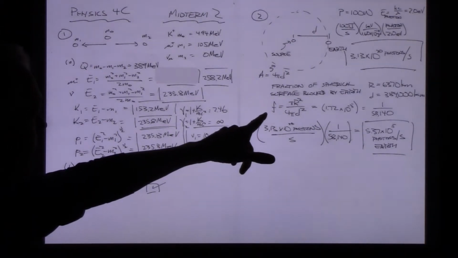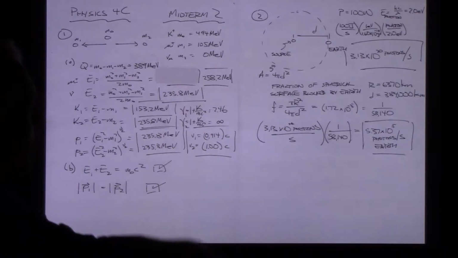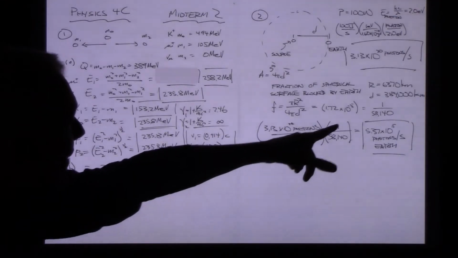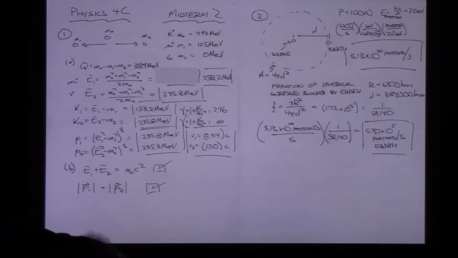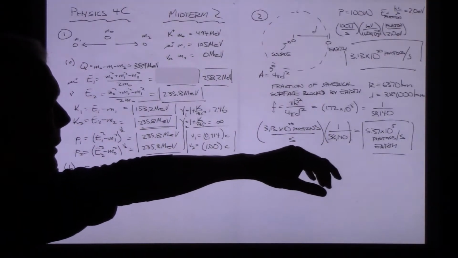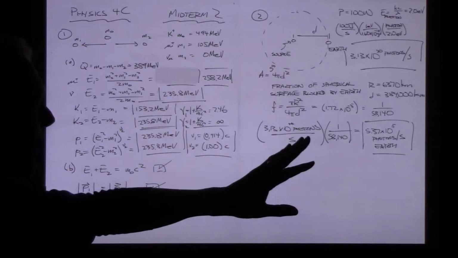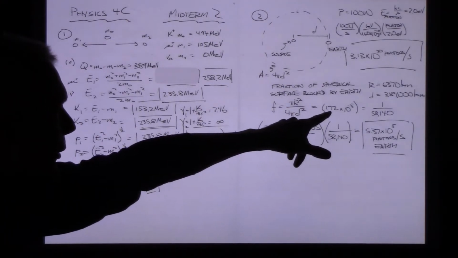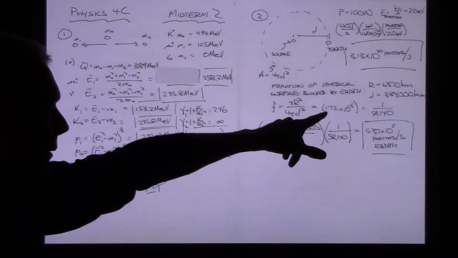And so I ended up with this fraction, pi r squared over 4 pi d squared, and that turned out to be 1.72 times 10 to the minus 5, or 1 photon out of every 58,140. You've noticed that I like writing things like this, 1 out of this or 1 out of this, and you can do that on your calculator just by inverting that number.